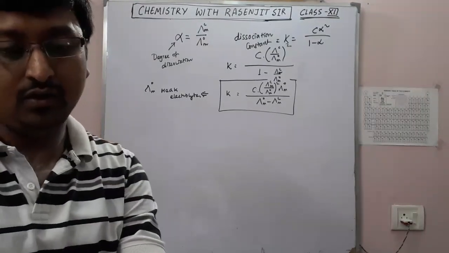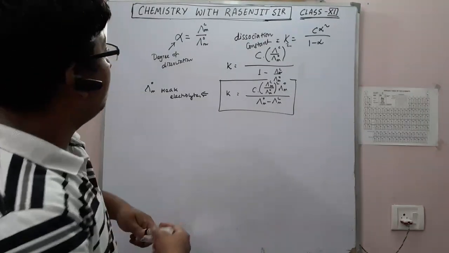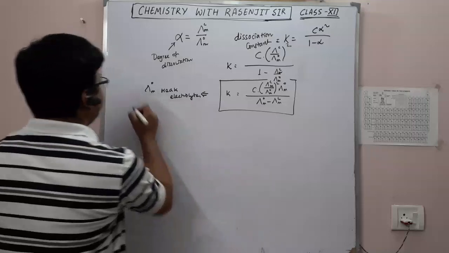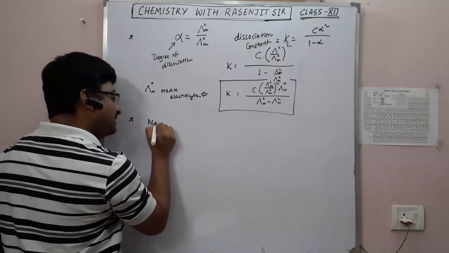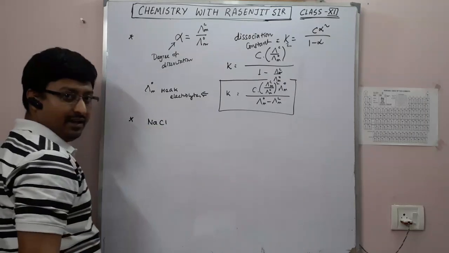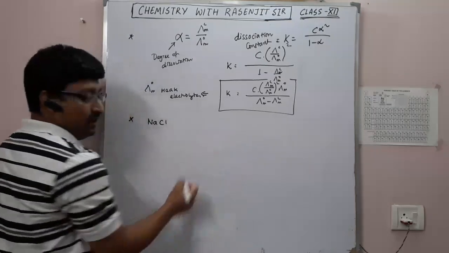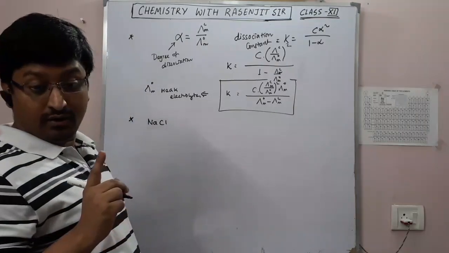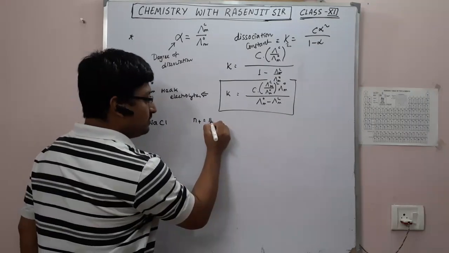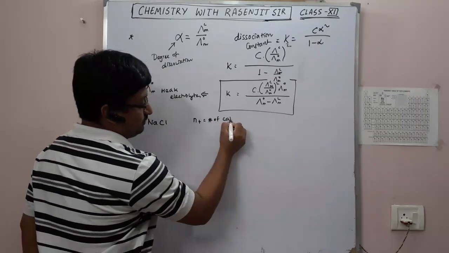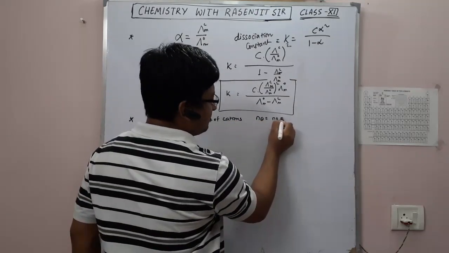What else is there? Now let's talk about the NaCl solution. In case of NaCl, N plus is the number of cations and N minus is the number of anions.